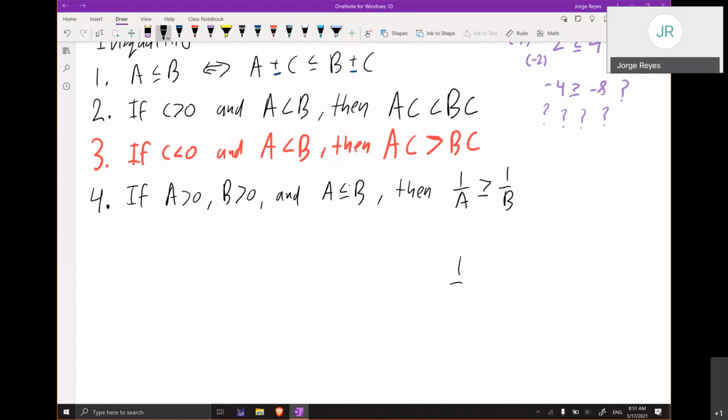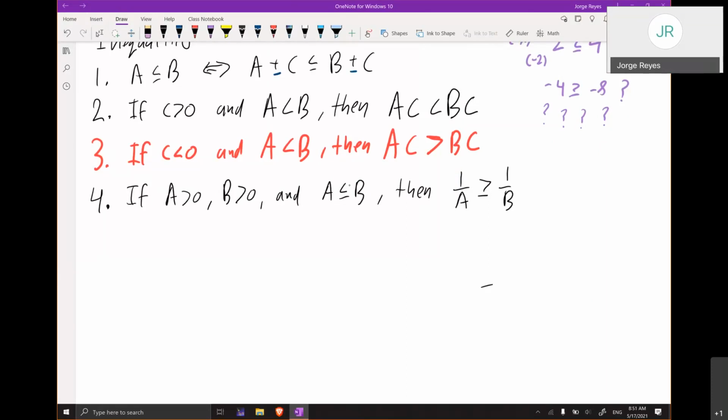Like 1/2 is greater than 1/3, which is greater than a fourth, which is greater than a fifth, and so on. The bigger the number on the bottom, the tinier the fraction.